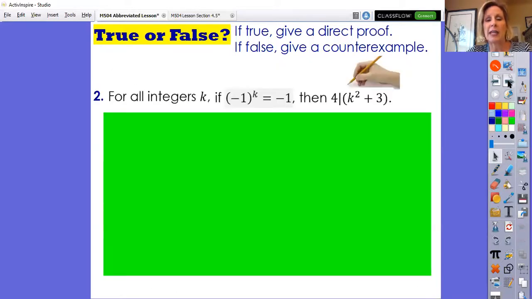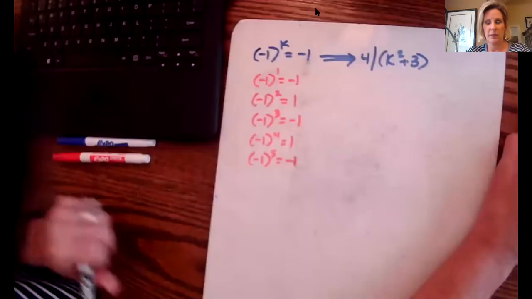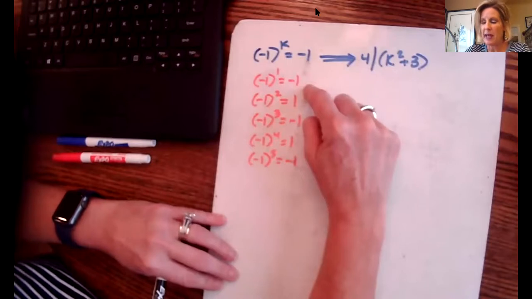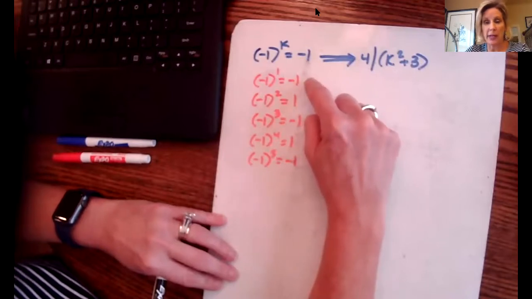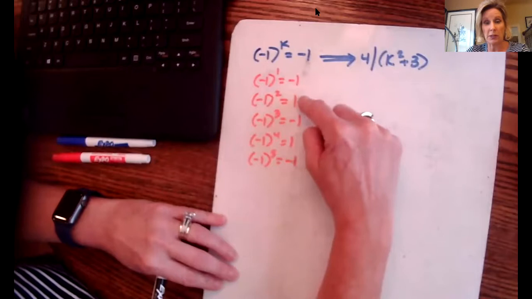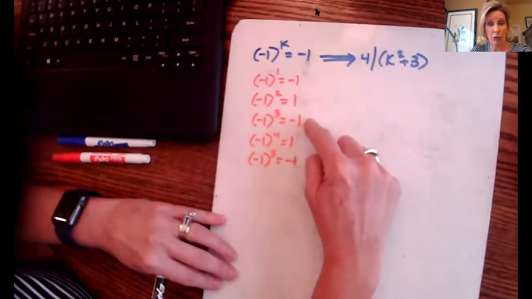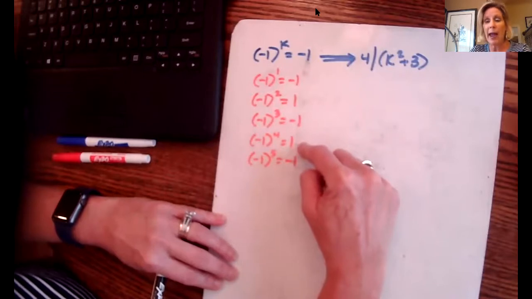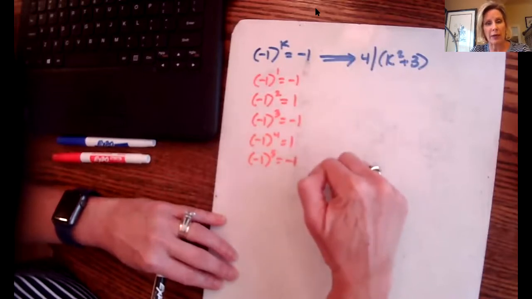For all integers k, if -1 to the k power equals -1, then 4 divides k squared plus 3. This one's a little more difficult, so how about we do some scratch work? So in playing around with the hypothesis, I know that -1 to the first is -1, -1 squared is +1, -1 to the third is -1, -1 to the fourth is +1, and these powers are just going to keep alternating.